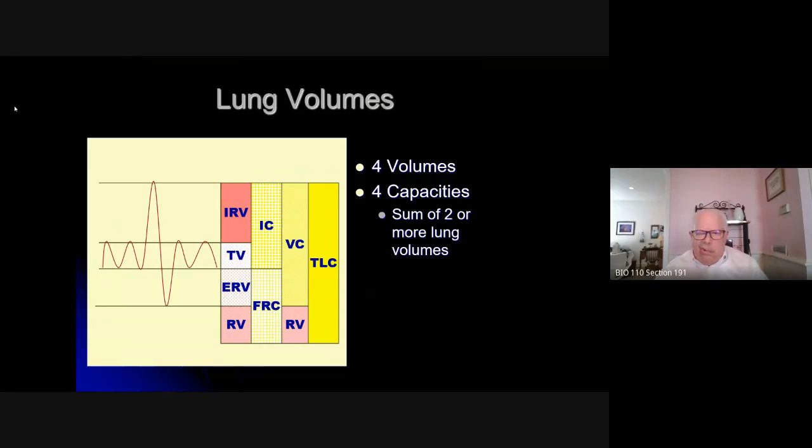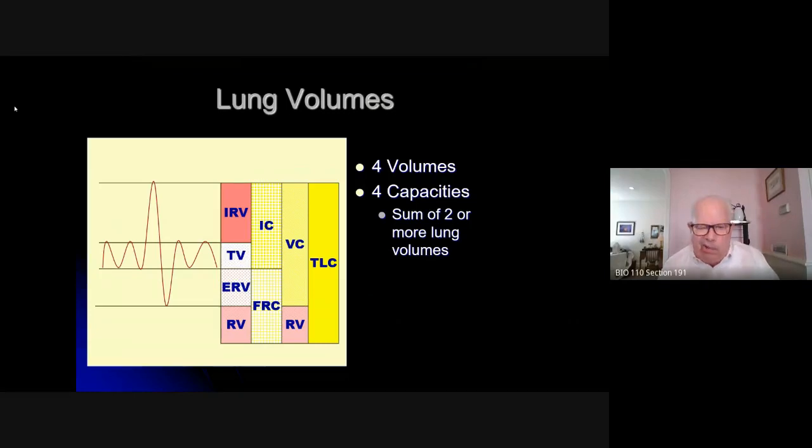You go into a room and we put a clip on your nose and we put a tube into your mouth and you breathe in and out. Okay, so we eliminate the air out of your nose. So all we're doing here now is measuring the amount of air coming in and out of your lungs.